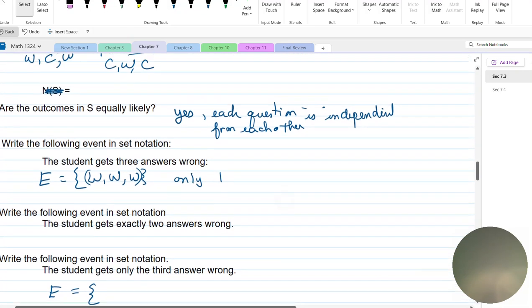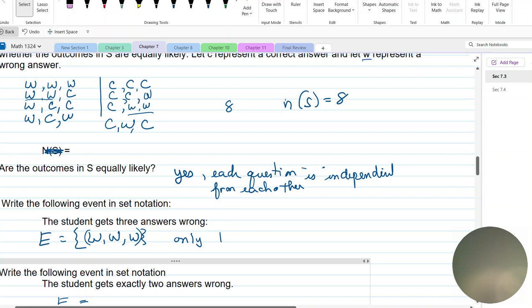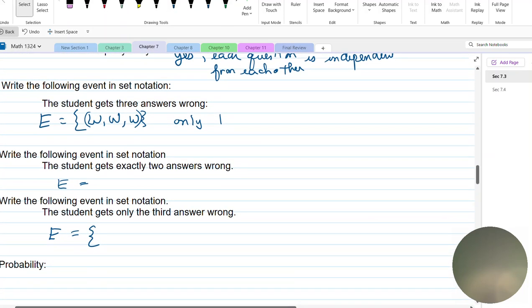Luckily, it doesn't affect what we're doing in the sample space, except right here. Exactly 2 answers wrong. And so it's this one, this one, this one, and that one. Now we got it. 4.